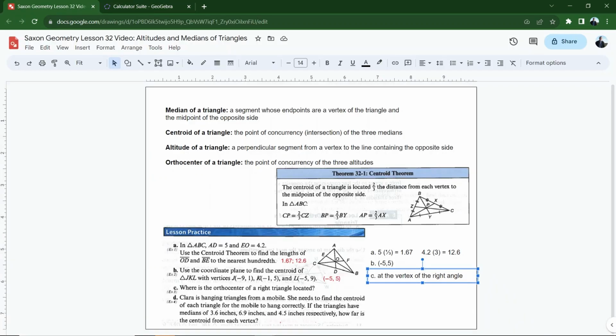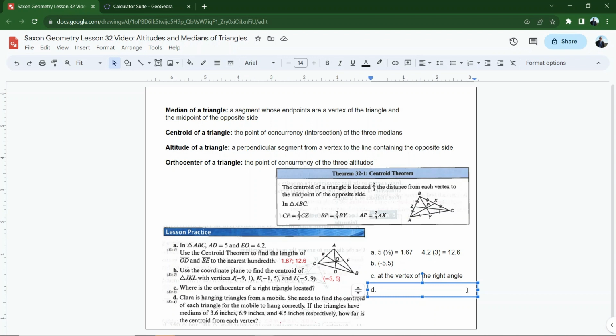Letter D, Clara is hanging triangles from a mobile, bless her heart. And she needs to find the centroid of each triangle for the mobile to hang correctly. If the triangles have medians of 3.6 inches, 6.9 inches, and 4.5 inches respectively, how far is the centroid from each vertex?